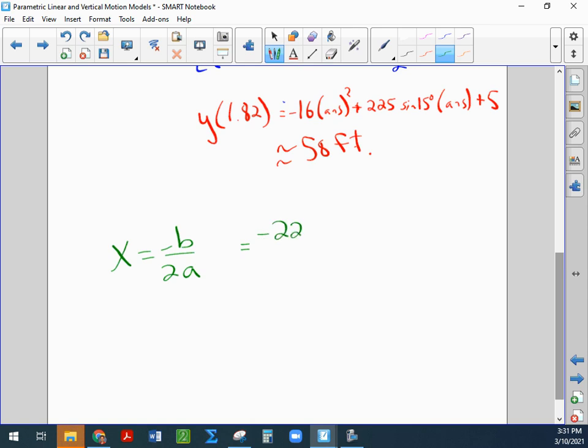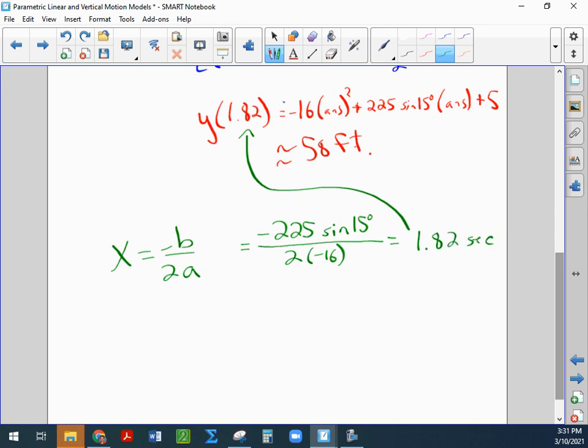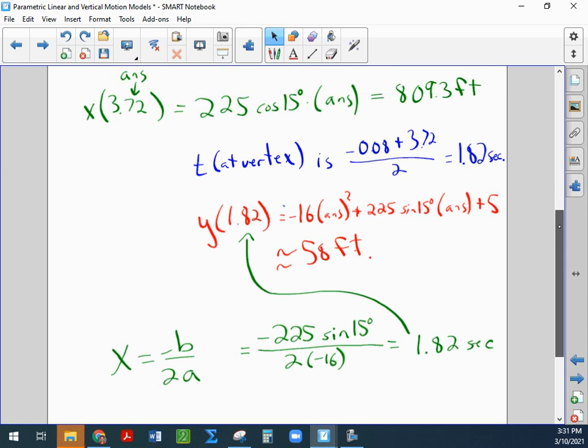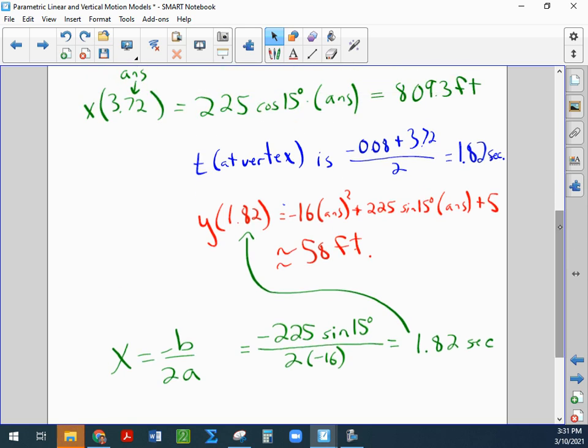So negative 225 sine 15 degrees over 2 times negative 16. That should give us this 1.82 number, unless we made a mistake. It's negative 225 sine 15 degrees divided by negative 32, and I got 1.82. And then I can plug that into the y. So there's a couple different ways you can get the vertex. What's the maximum height of the arrow? 58 feet.